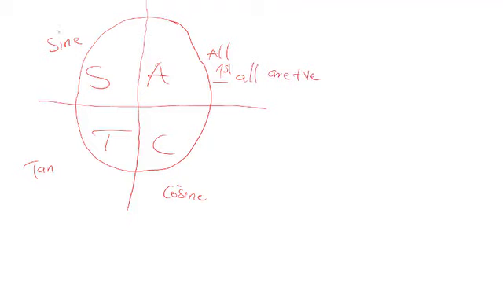In the second quadrant, sine is the only positive, others are negative. In the third quadrant, tan is the only one that is positive, others are negative. While in the fourth quadrant, cos is the only one that is positive. Every other trigonometric function assumes a negative value.